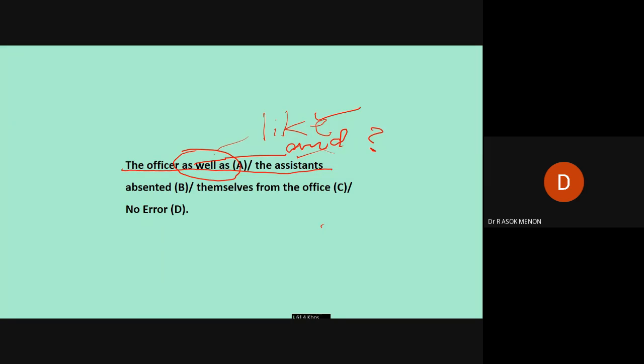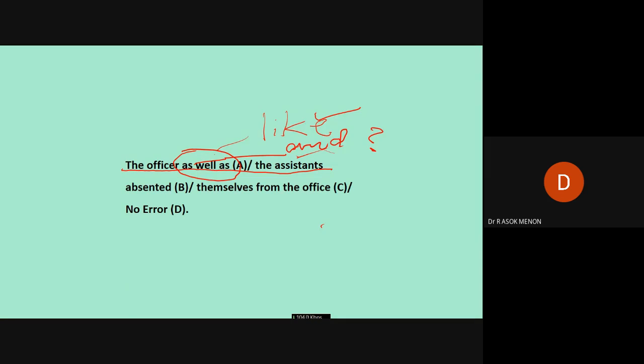Then who is the actual subject here, the officer or the assistants? The officer, because the officer is only compared to the assistants. The officer is the actual subject.